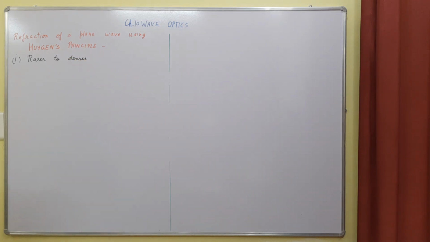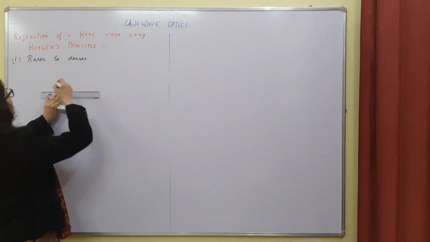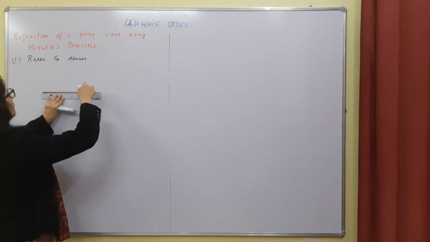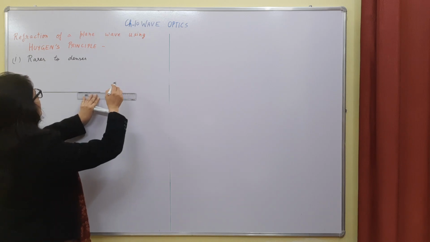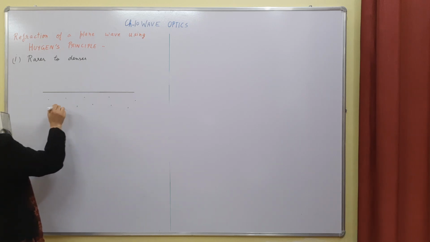So let's consider an interface. This is the denser one.